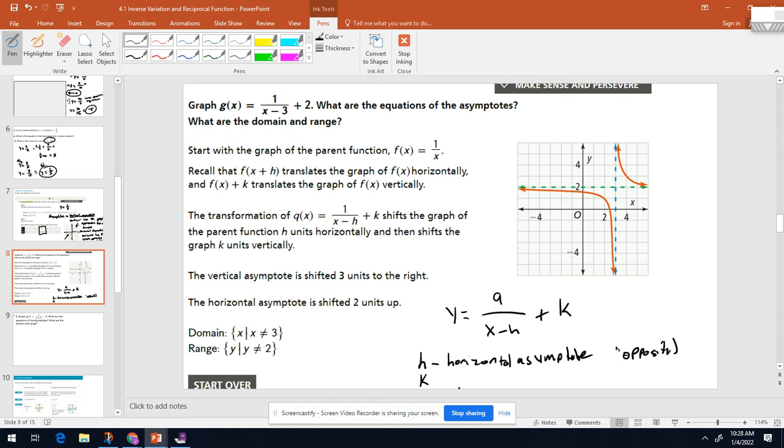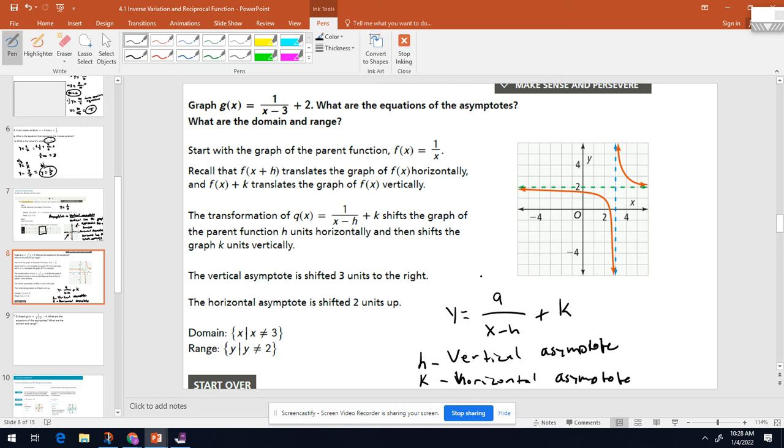And my k is my vertical. Hold on, I think I just said that backwards. Good catch. It is still the opposite, but h is my vertical asymptote, and k is my horizontal asymptote.